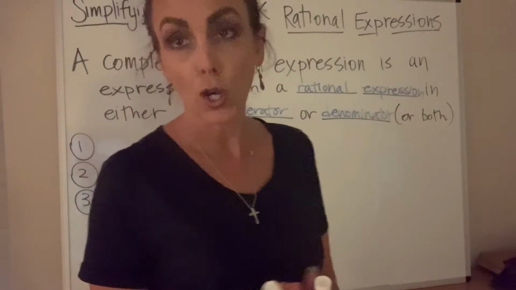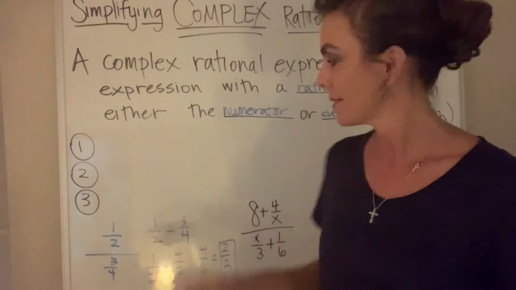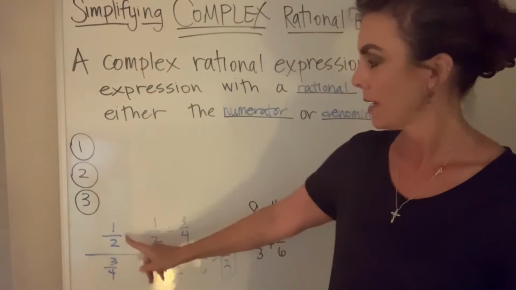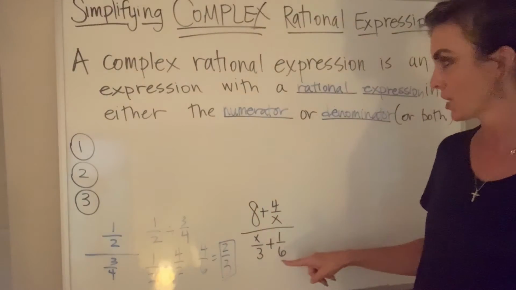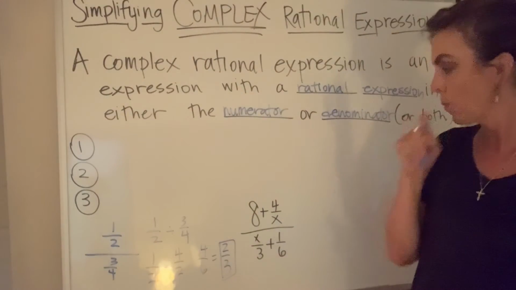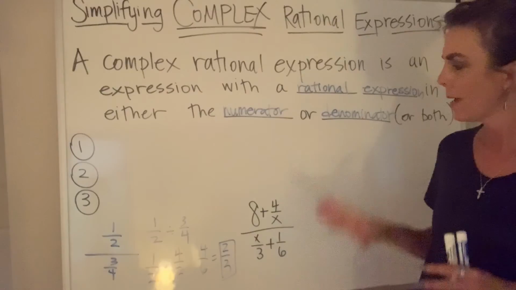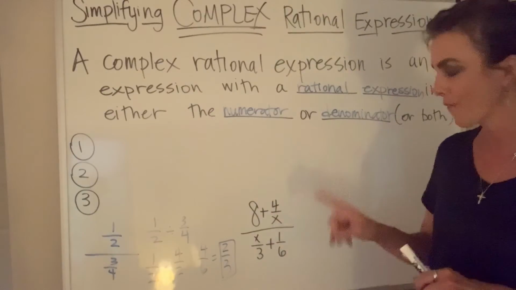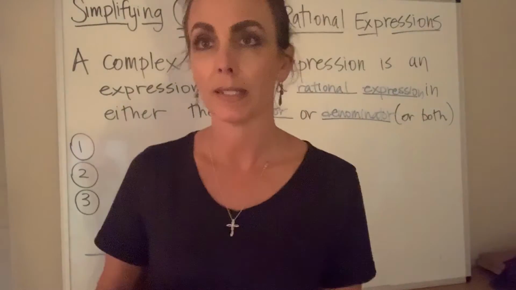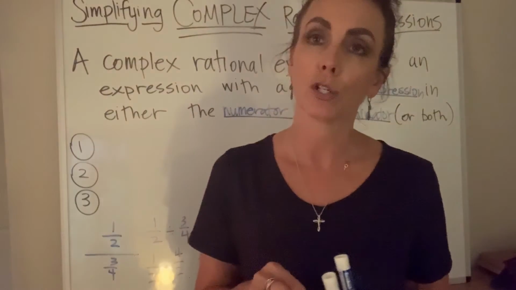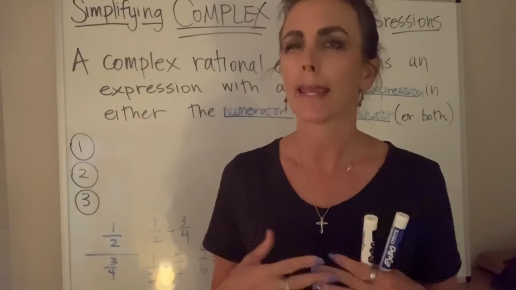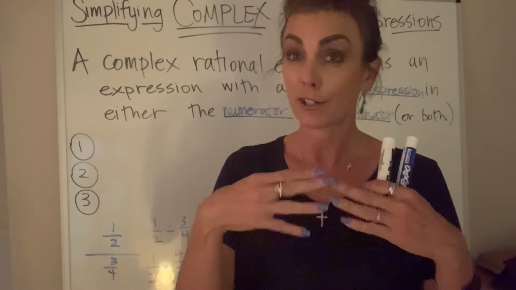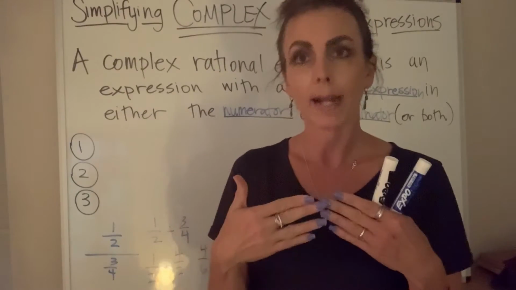Okay, so we're going to use the same technique. We're going to take a complex rational expression and we're going to do the same thing. But in order to do the same thing, the first step in this process is we want to rewrite the numerator as a single fraction, which means just taking and making common denominators within the numerator and combining them together.